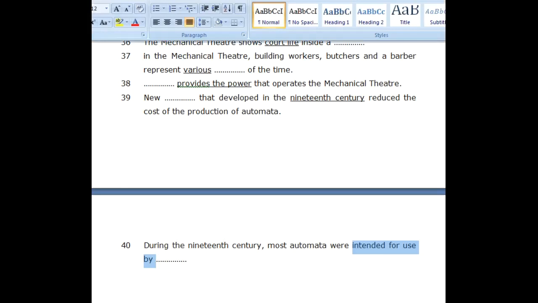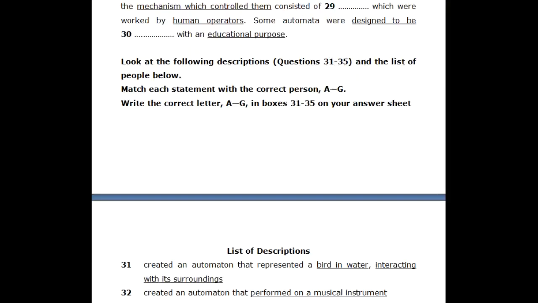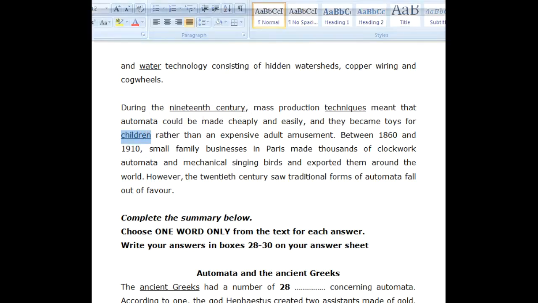Let me go back again to find the end user. Okay, 19th century is still here, and they became toys for children rather than expensive adult amusements. So who's going to use it? Children. Easy, right? So the answer is children.